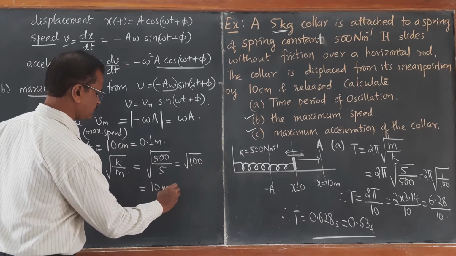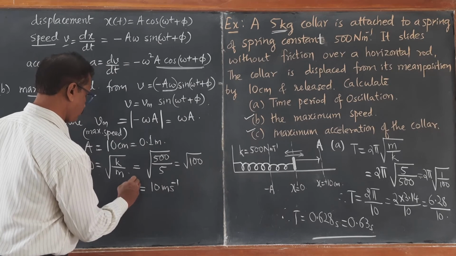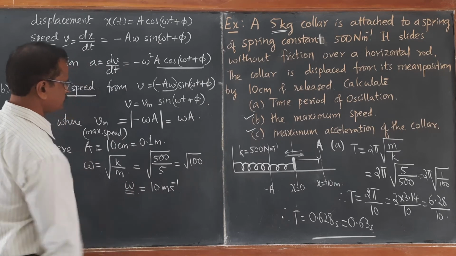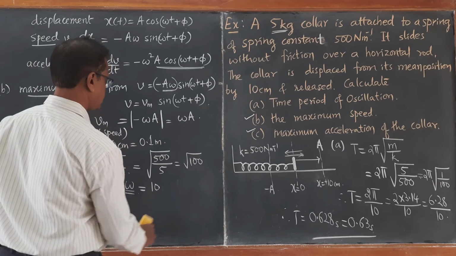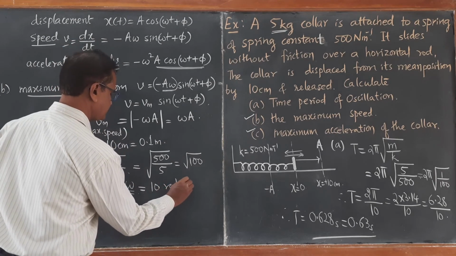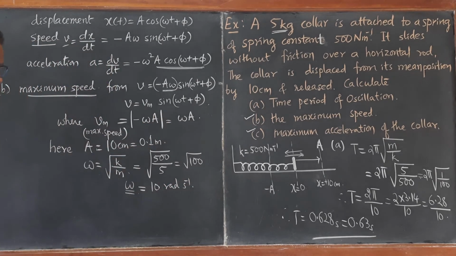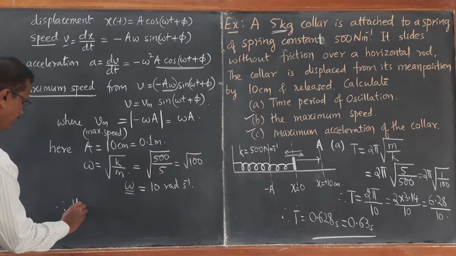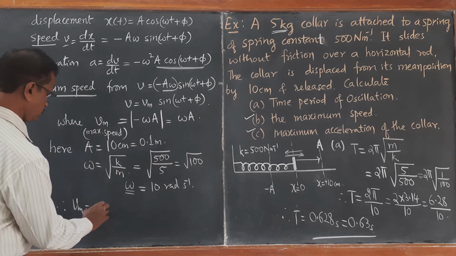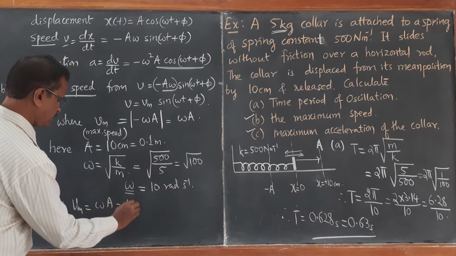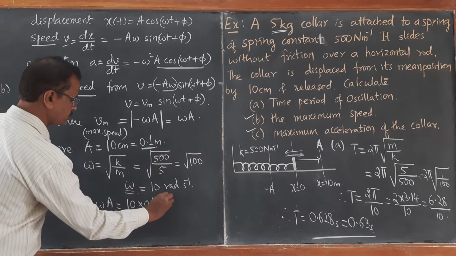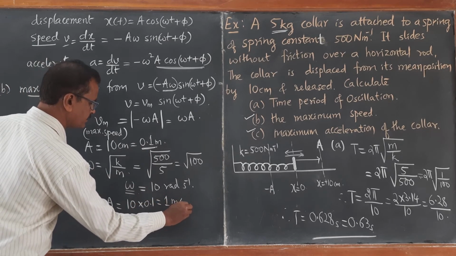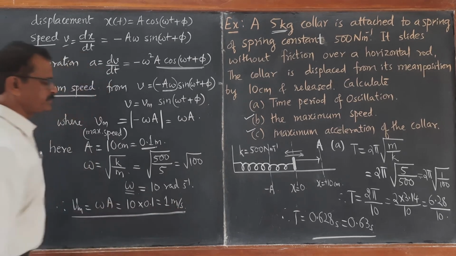So that is the value of omega, 10 radians per second. Now we can calculate Vmax. Therefore, Vmax, the maximum speed, is equal to omega into A, 10 into 0.1. So it becomes 1 meter per second. So that becomes the maximum speed.